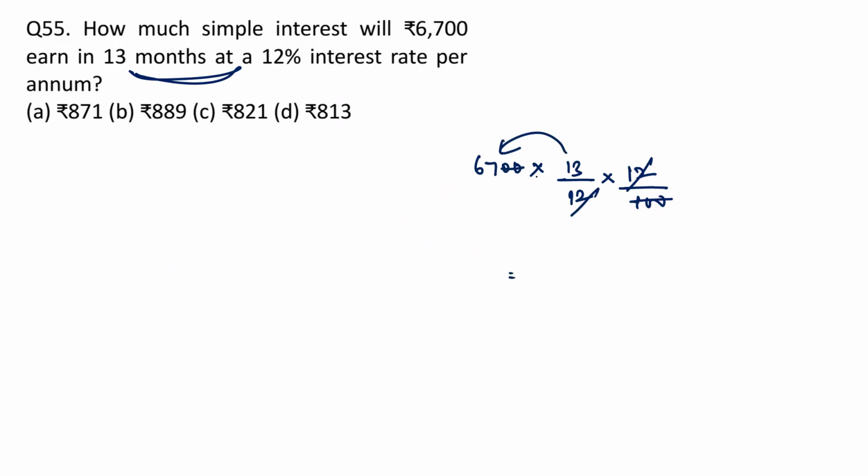We are using the formula PTR by 100. 13 sevens are 91. 13 sixes are 78. 78 plus 9, 87. So it is 871. So I said you can interchange it. 12% you can take as 12 months and 13% also fine. Because anyway it is PTR by 100.